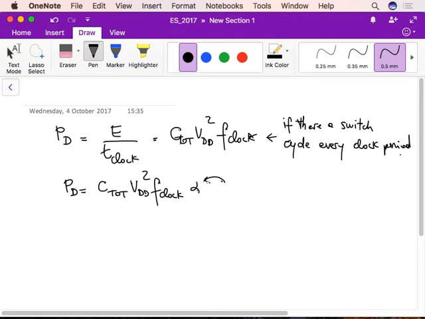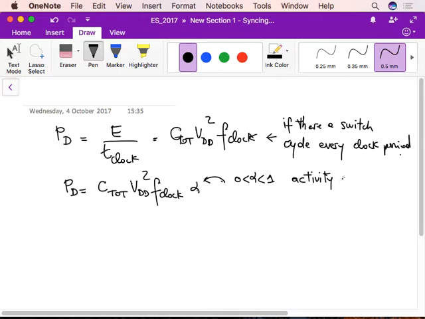So one typically uses a quantity which is called the activity factor, a number between 0 and 1, which says, okay, what is the fraction of clock cycles during which you actually have a switch? This is called the activity factor, and in typical logic circuits it is only a few percent, so 7–8%, no more than that.